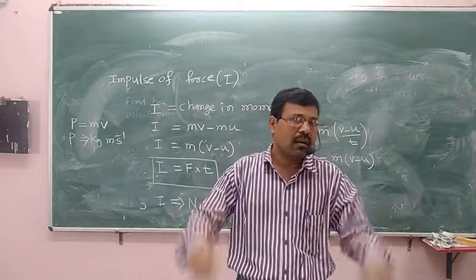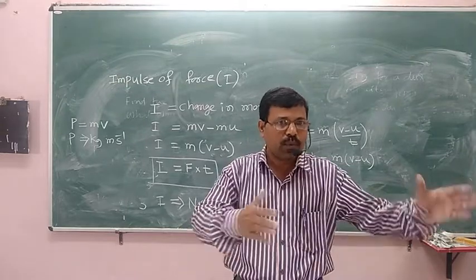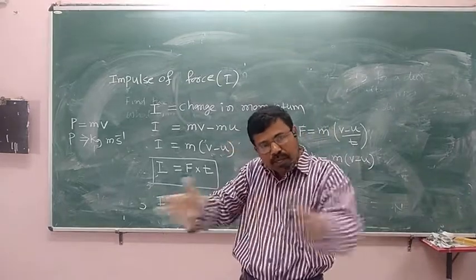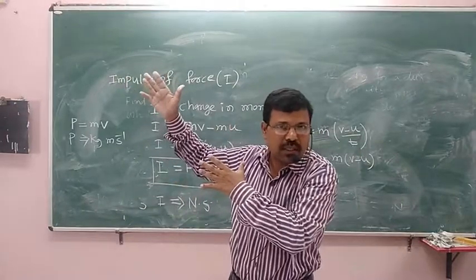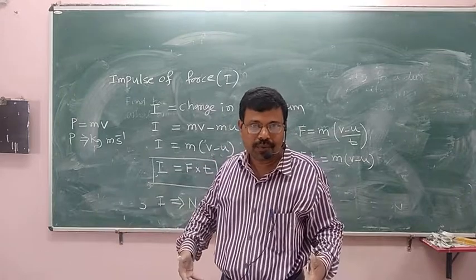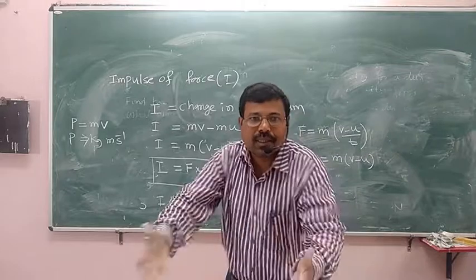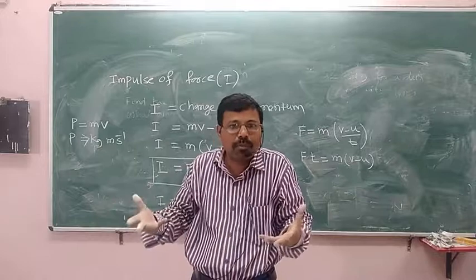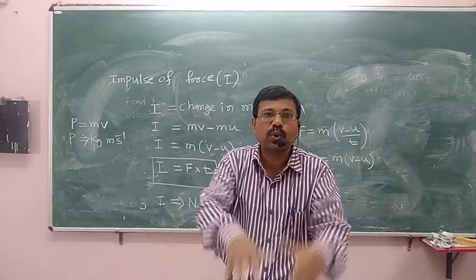As all of us know, whenever a passenger gets down from a moving bus or a moving train, he has to run in the direction of motion to avoid injuries, to avoid falling down. If he tries to stand, what will happen? He falls. Because as he is moving in the bus or the train, he will have momentum. That momentum should not come to zero suddenly.